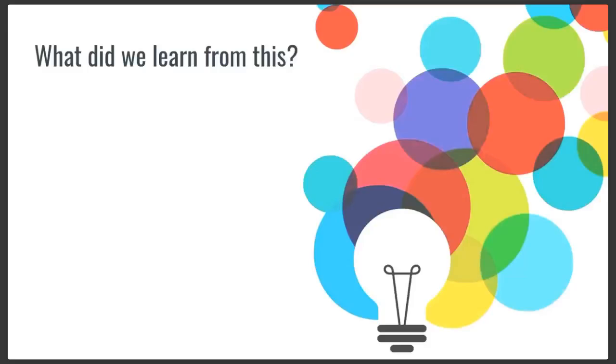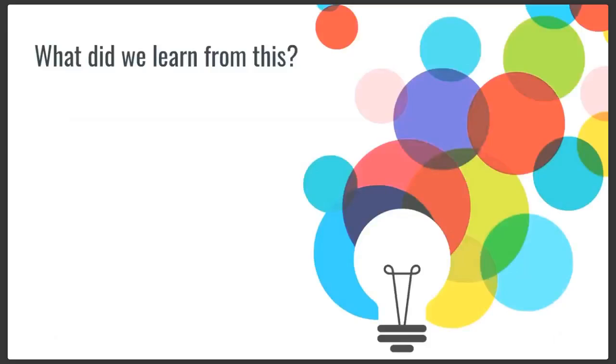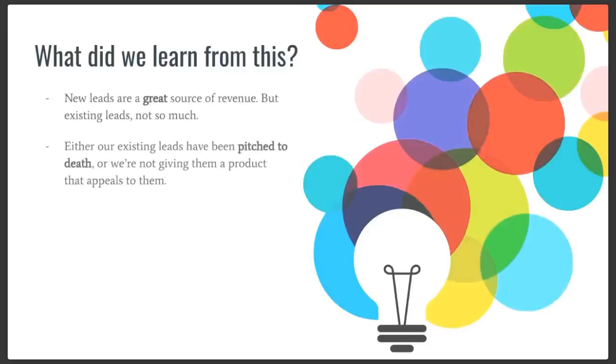So what did we learn from this? New leads are a great source of revenue, but existing leads, not so much. And we see that in both of these. Look, our new non-Facebook leads still make $2.15, while our existing ones are worth 73 cents. So Facebook or not, new leads are much more valuable than existing leads. Either our existing leads have been pitched to death, or we're not giving them a product that appeals to them.